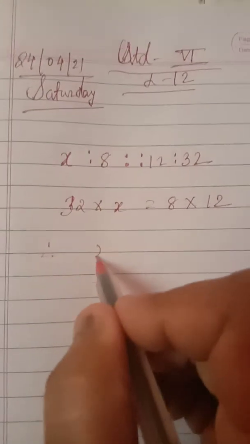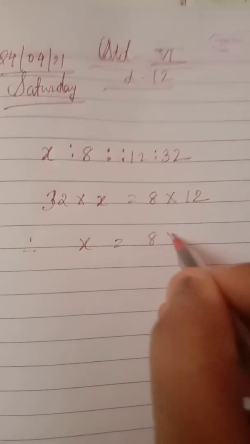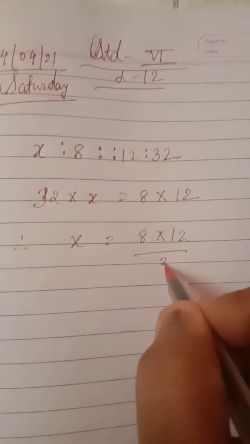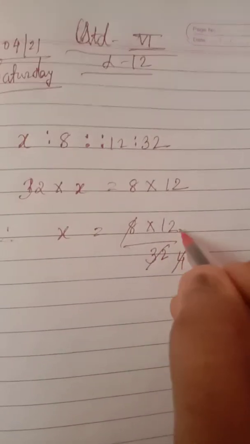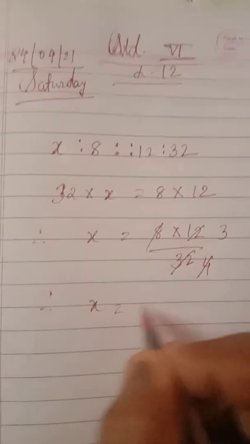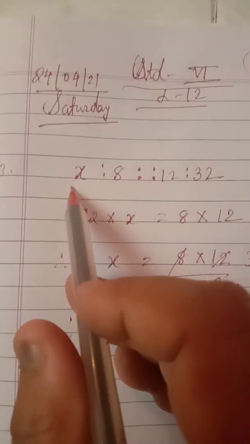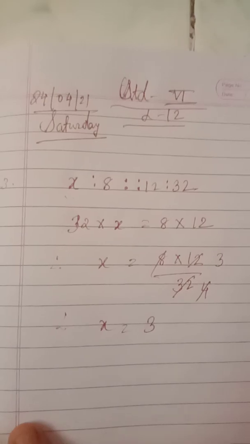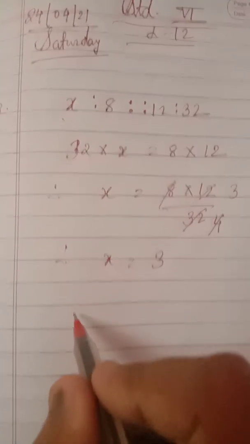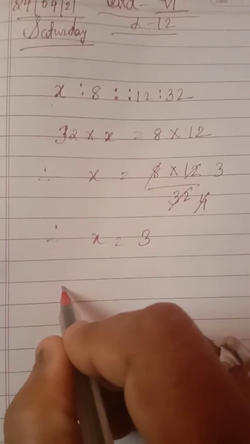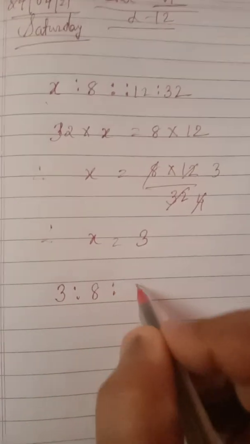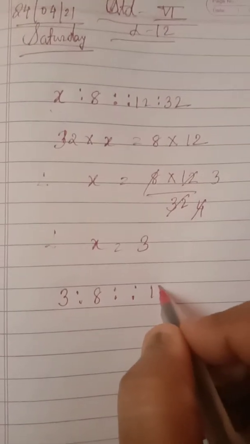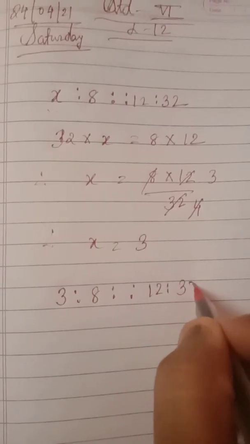So now x equal to 8 multiply 12 upon 32. 8 4s are 32 and 4 3s are 12. So x equal to 3. So in place of x, we write over here 3. So our required ratios are 3:8 :: 12:32.